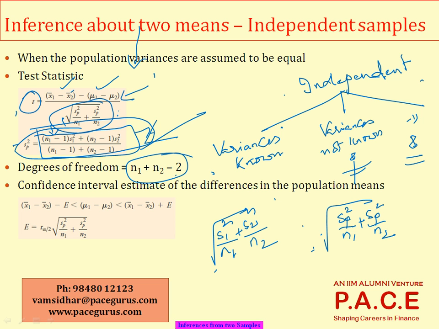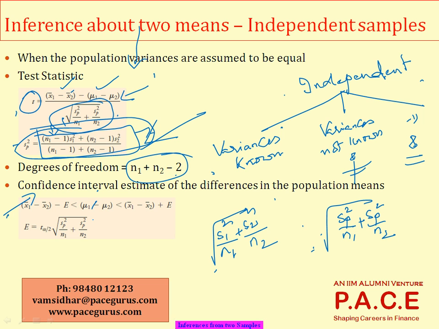Similarly, if I want to go for a confidence interval estimate, it is the same thing. Take the sample, whatever is the difference between the means of two samples, subtract the margin of error, add the margin of error. And what is the margin of error? It is the critical value which is obtained from the t statistic multiplied by the standard error. In this case, our standard error is square root of sp squared by n1 plus sp squared by n2, and sp squared comes out as the weighted average variance of the two individual sample variances.